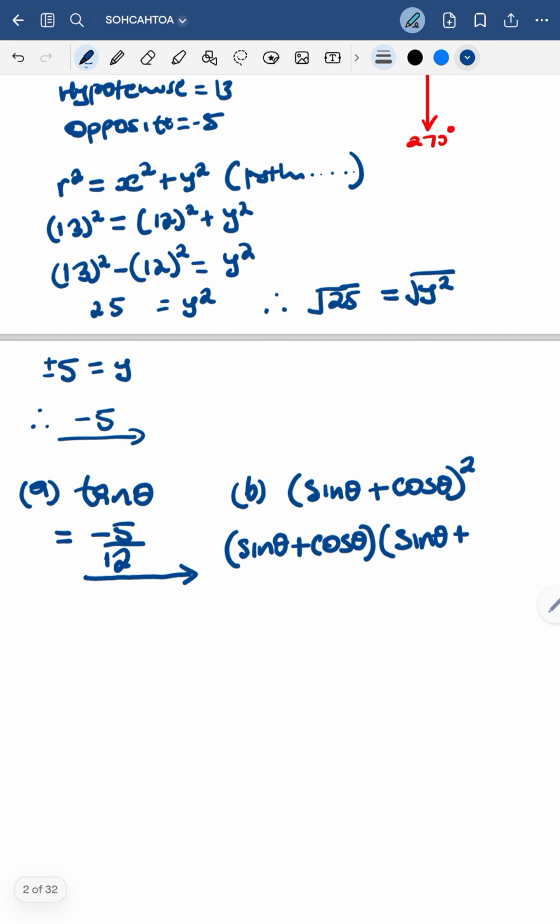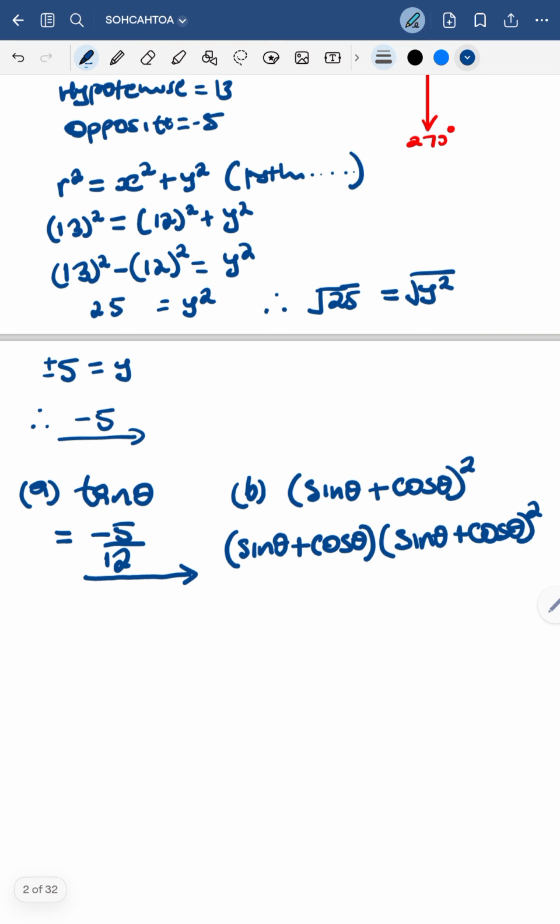So remember, if you have two terms that are separated by a sign and they are all squared, it always means that you must expand.